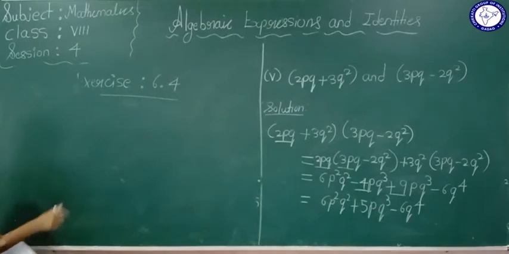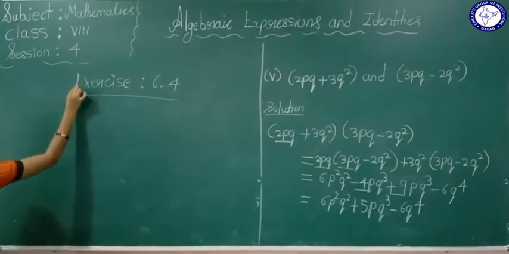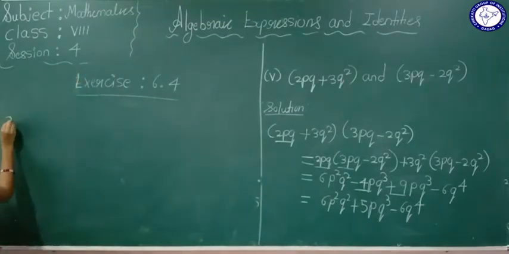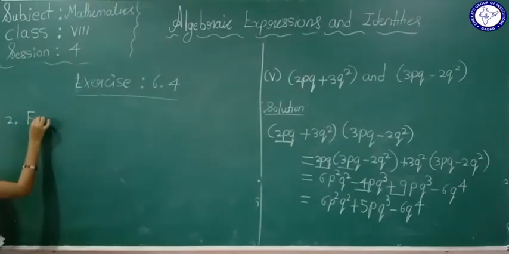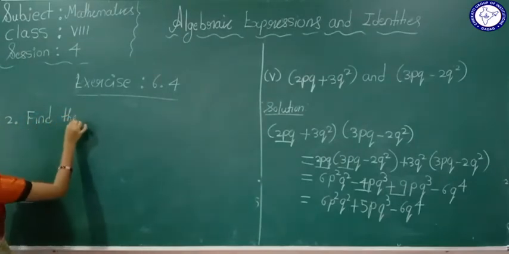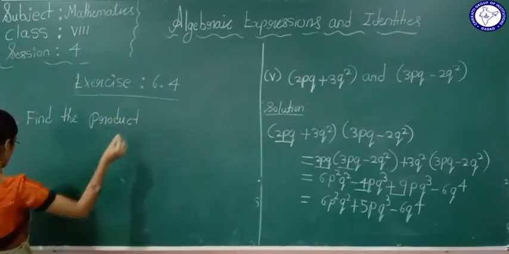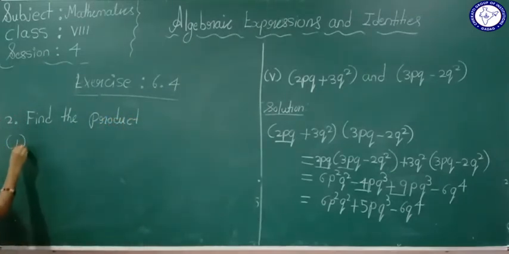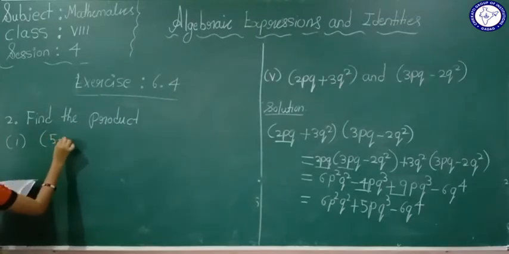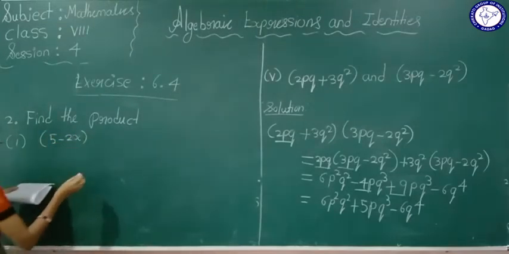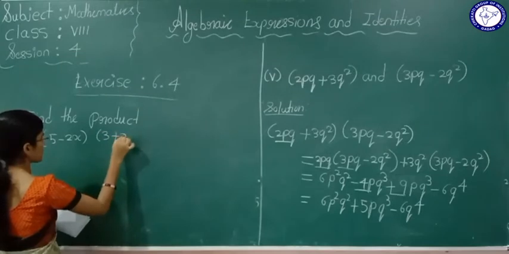Now see the second main. Find the product. So in this only one I will solve. 5 minus 2x multiplied by 3 plus x.